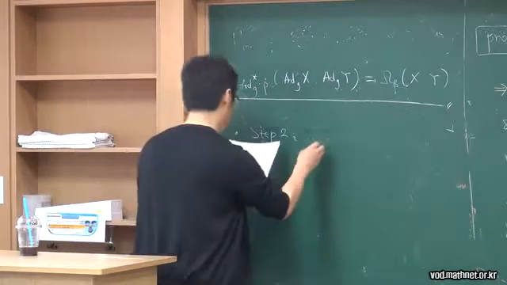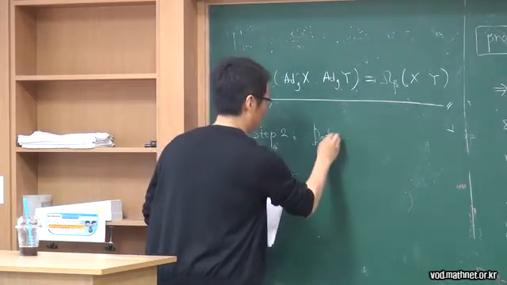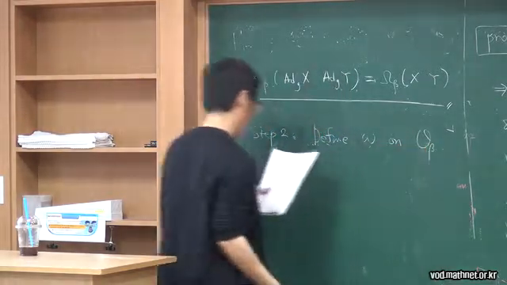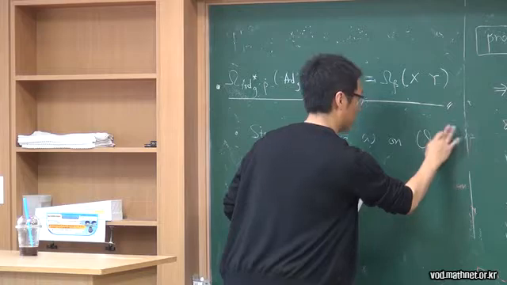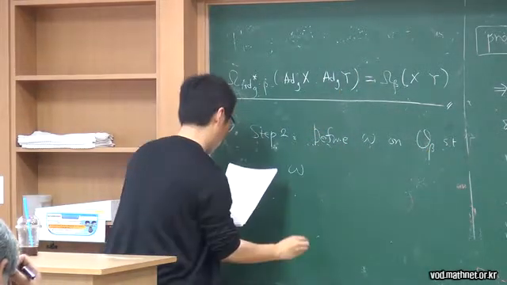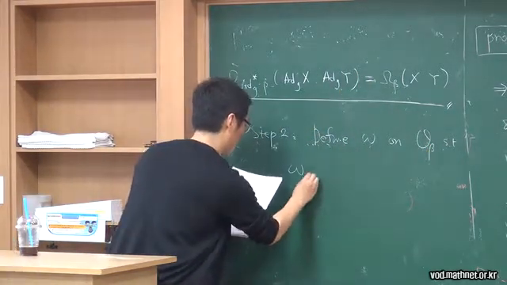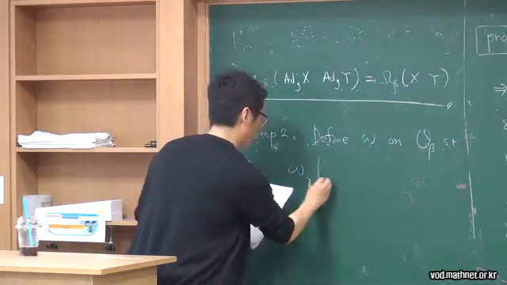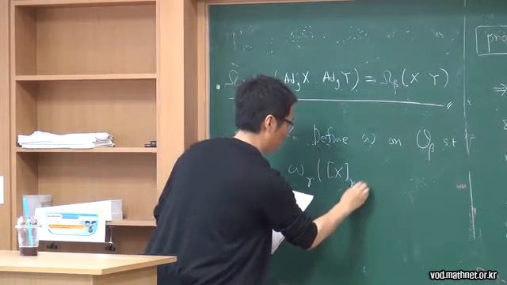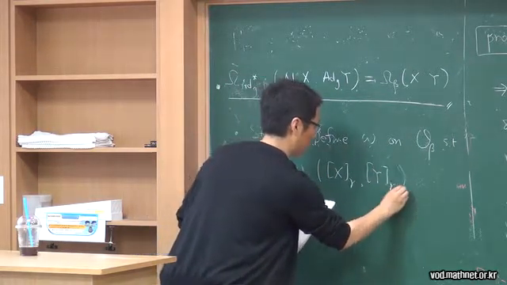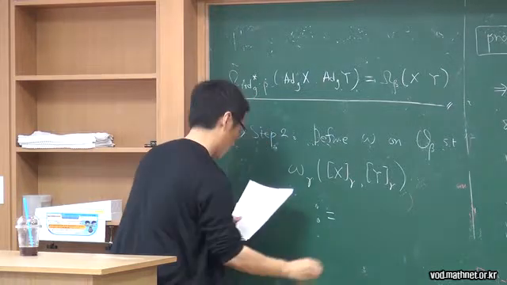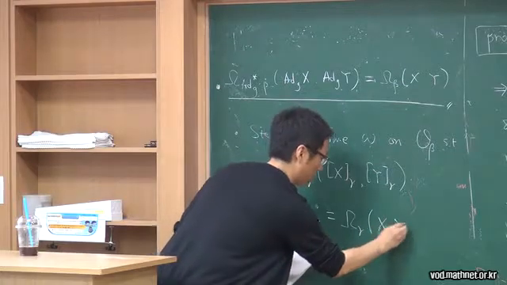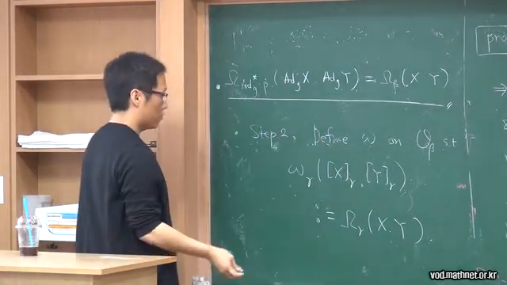And step 2, let's define omega on the orbit such that omega gamma.